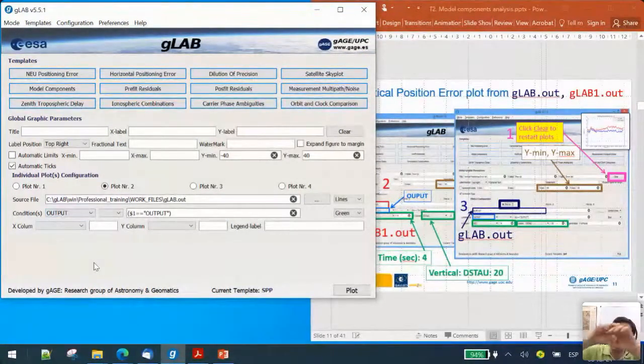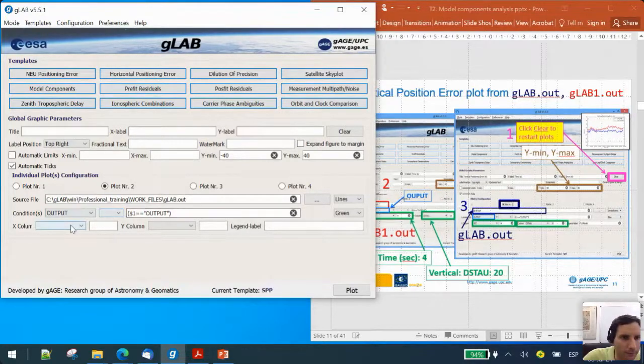From all of those rows that the program is writing, we will select those that have in the first column... this is what the $1 means. Dollar is the way we refer to the columns, and then we say that we are plotting only the messages that start with the word output.